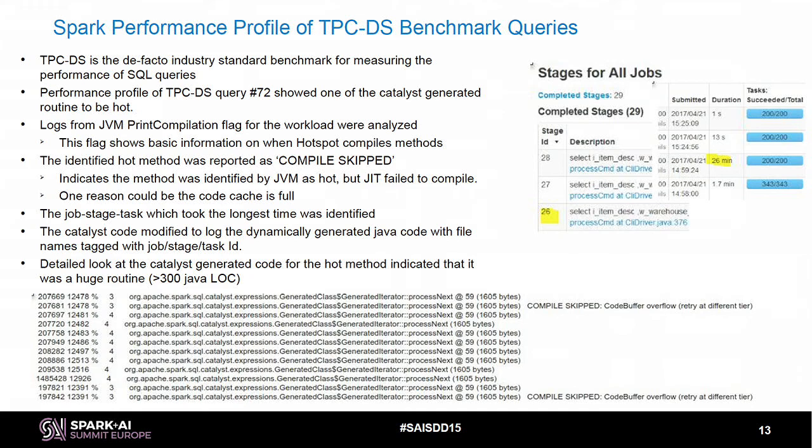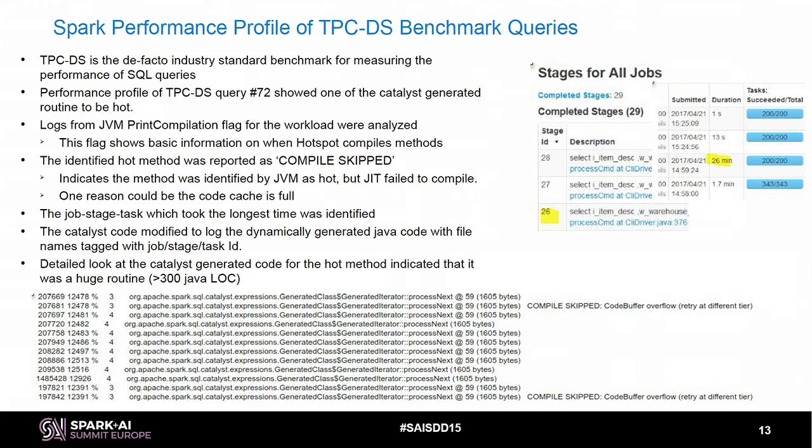We picked query 72, and while executing it, we got the performance profile. From the profile, we noticed that one of the Catalyst generated routines, the code generated at runtime for the SQL execution, was reported to be hot.